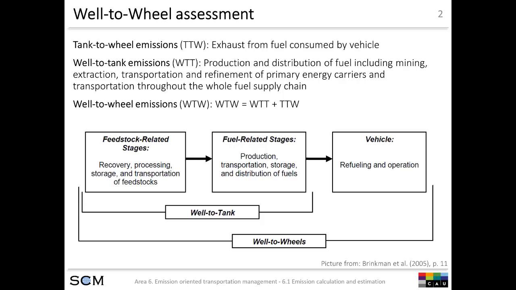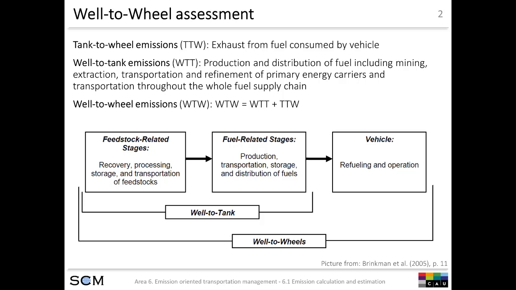But there is also another type of emissions, and these are so-called well-to-tank emissions, which result from the production and distribution of the fuel itself, including the mining of raw oil, the transportation, the refinement of such an energy carrier, and the transportation throughout the whole fuel supply chain towards the vehicle.